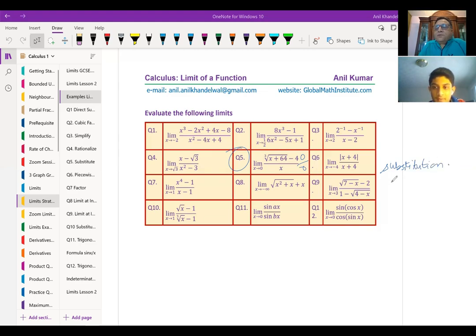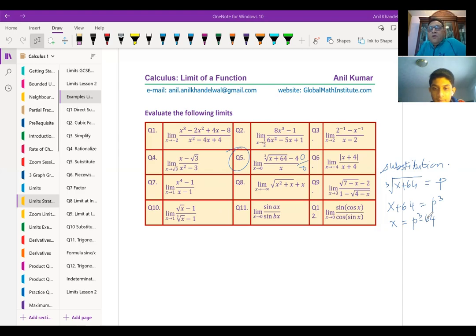Okay, so let us substitute the cube root of x plus 64 as, let us say, p. In that case, x plus 64 is equal to p cubed, right? And that x will be equal to p cubed minus 64. Is it okay? That is the first part.